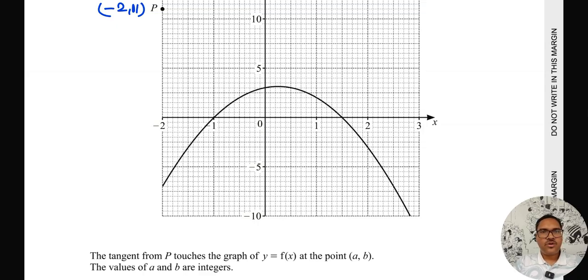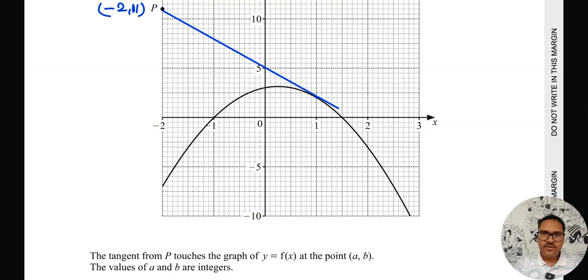So from P, you have to draw the tangent which is touching this graph at some point. You can see I am just trying to draw it like this. So the tangent from (-2, 11), that is point P, is touching the graph at the point (A, B) where A and B are integers.